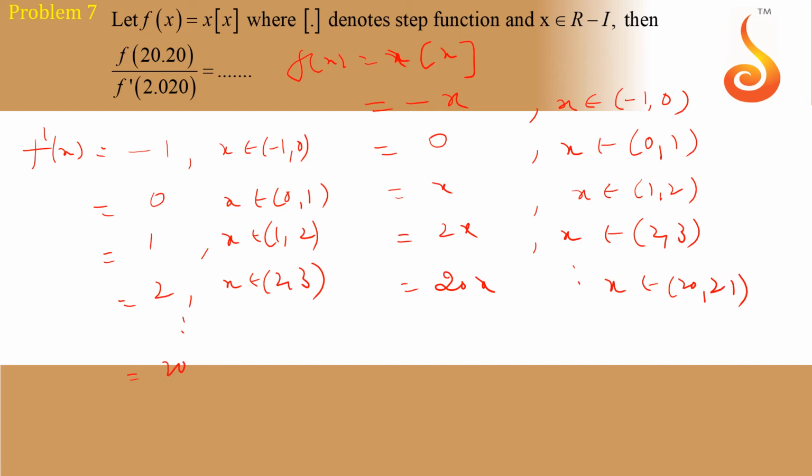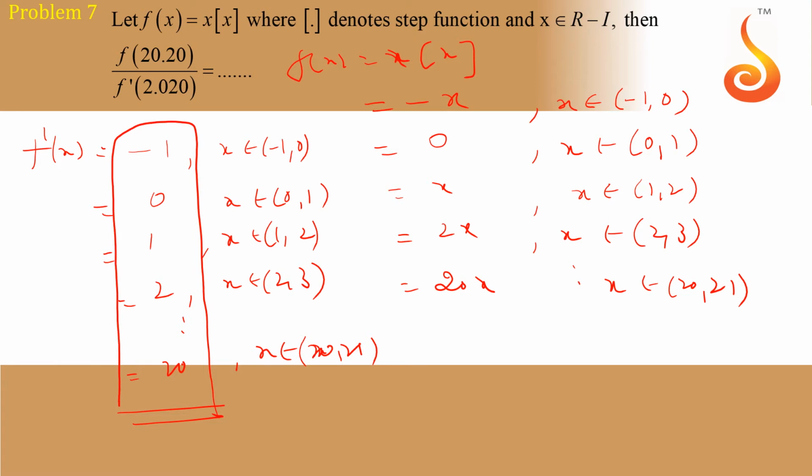And so on, the derivative of f(x) when x is between 20 and 21 will be 20. Please observe these values and observe the x values. I think f'(x) is again following the step x definition only.